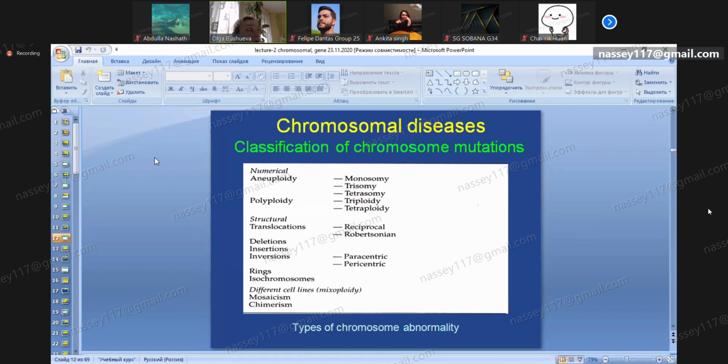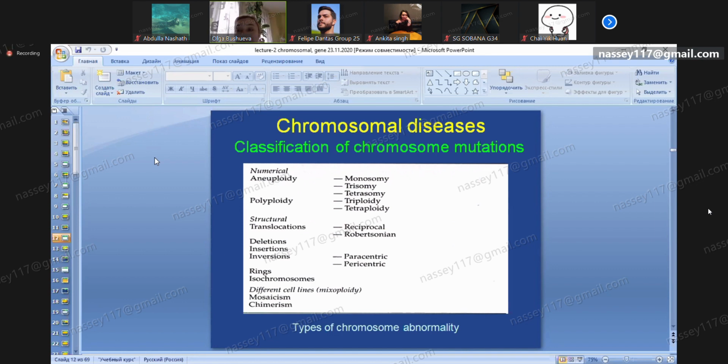Also, we know about chromosomal diseases associated with the presence of two different cell lines in the same patient. We call it mixoploidy. It may be divided into mosaicism and chimerism. Mosaic forms of chromosomal diseases are rare, less than 1% among all cases of chromosomal diseases.